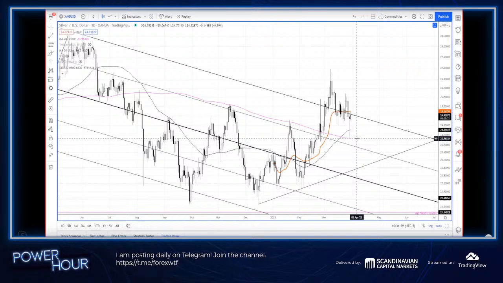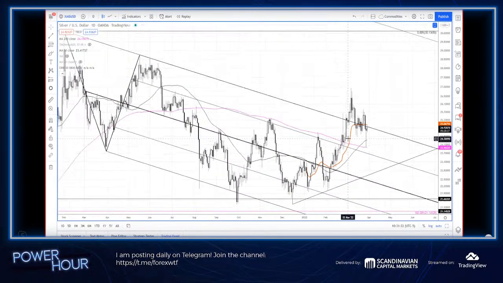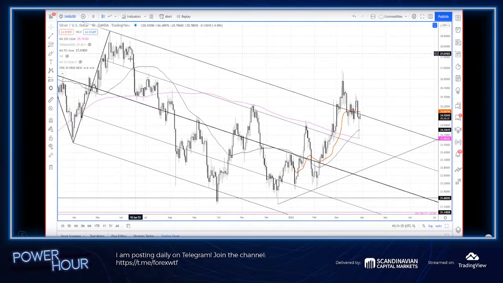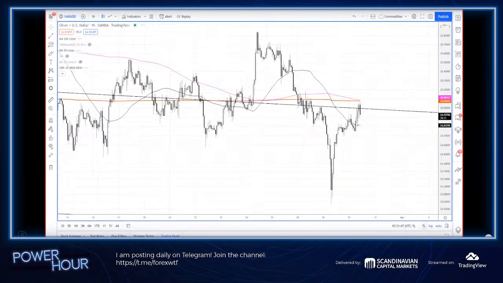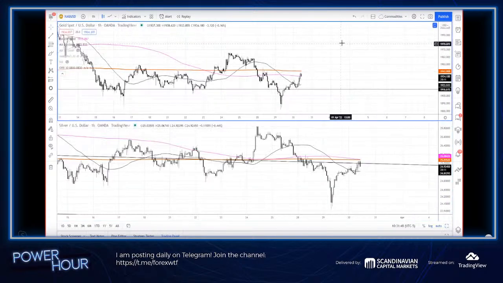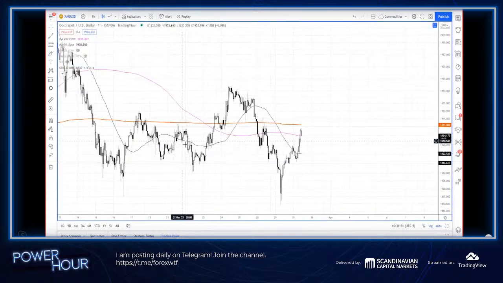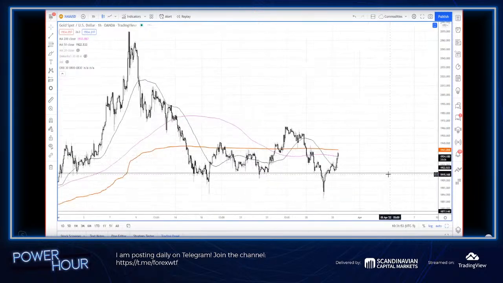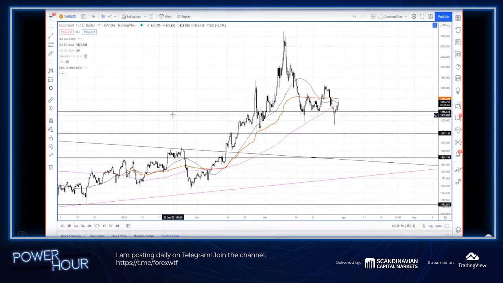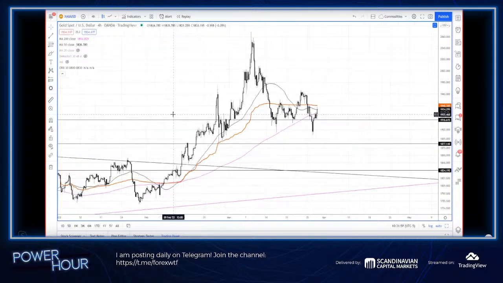Silver came down and look, silver tagged beautifully at the 200-day average, which has been absolutely perfect for support and resistance for basically a year. I mean, look at that. Boom, boom, boom, boom, boom, boom. If you want to get a little more nitty gritty in terms of where to look for support, high volume levels, actually nothing that great.